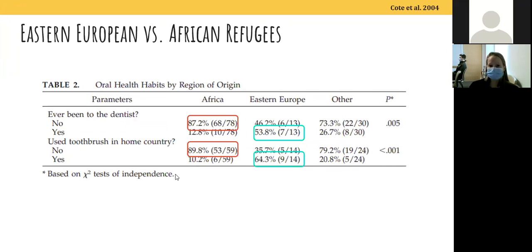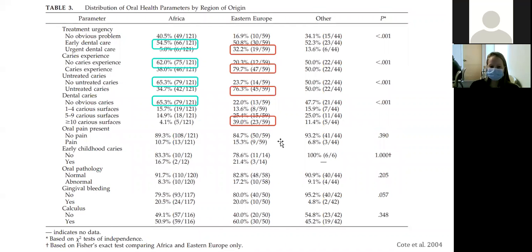What they found was that there were significant differences for how the different groups of refugees interacted with dental care before arrival. The Eastern European cohort were more likely to have been to a dentist and have used a toothbrush in their home countries compared to the African cohort. Despite these habits, though, they actually saw a heavier burden of dental disease in the Eastern European group.